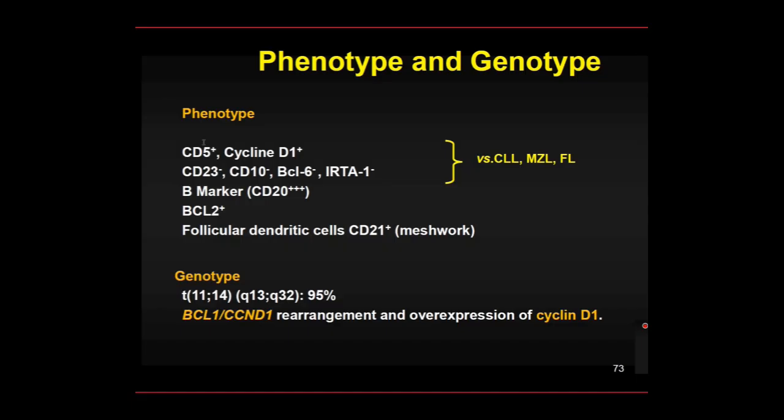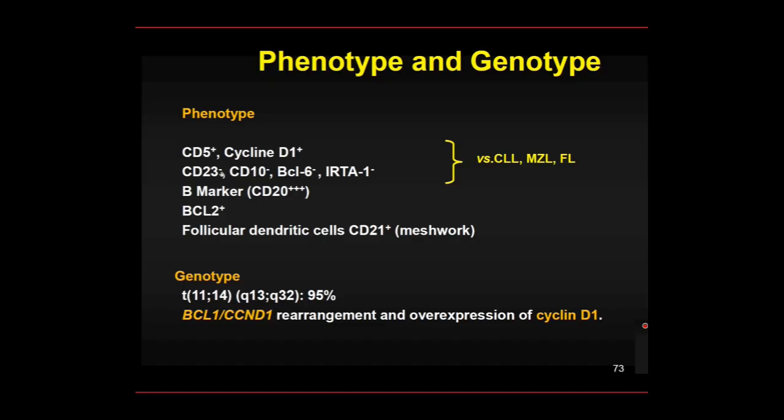Actually, immunologists would say that there are rare B cells, a particular phase of B cells in the peripheral blood, that do express CD5, and we'll see next time that chronic lymphocytic leukemia is also CD5 positive. So this marker is very important because basically we have two small cell B cell tumors expressing CD5, mantle cell lymphoma and chronic lymphocytic leukemia.